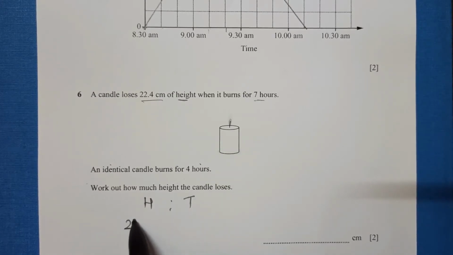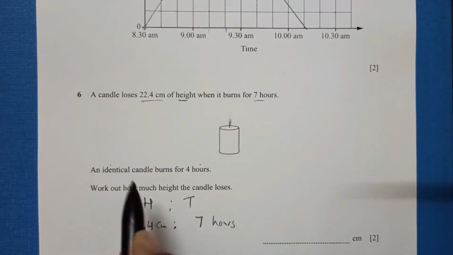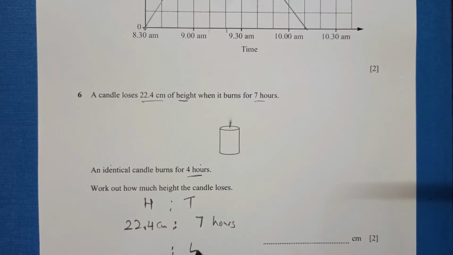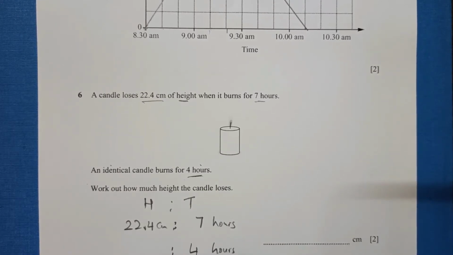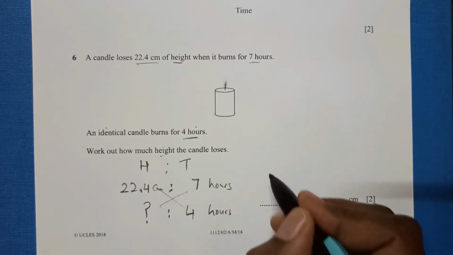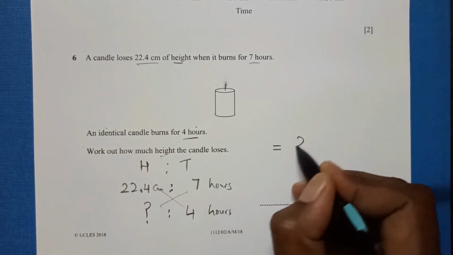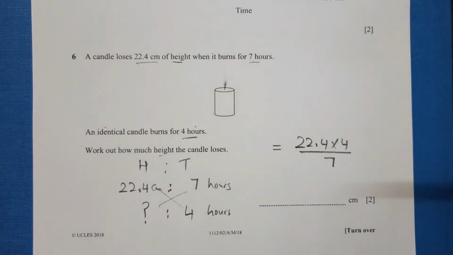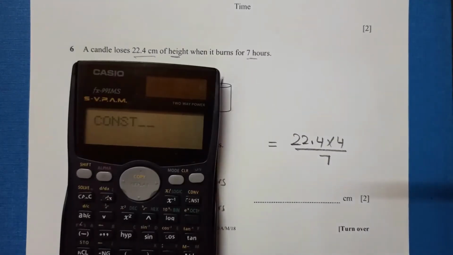So 22.4 centimeters of height is burned in 7 hours. Then an identical candle burns for 4 hours, so we need to know how much height. So we can just cross multiply this. So then the required value will be 22.4 times 4 divided by 7. So let's calculate this one.